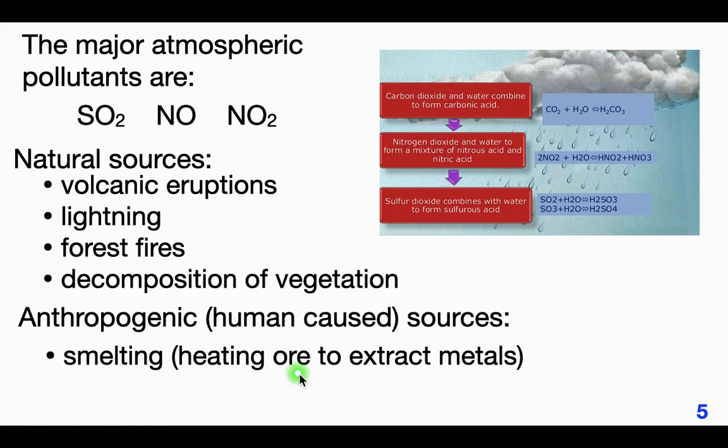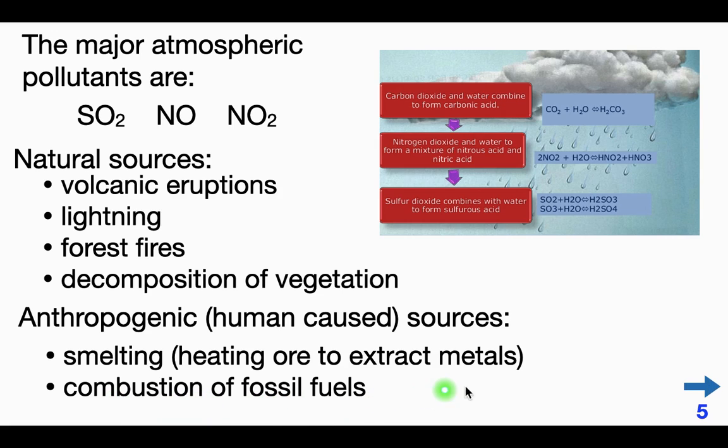Smelting, which is the heating of ore to extract metals. Ore is rocks that have embedded within them valuable minerals, important metals. If you heat that up, you can remove those, and that process is called smelting. But mainly it's the combustion of fossil fuels. Fossil fuels: oil, gasoline, things like that.